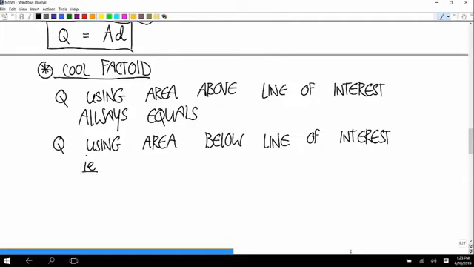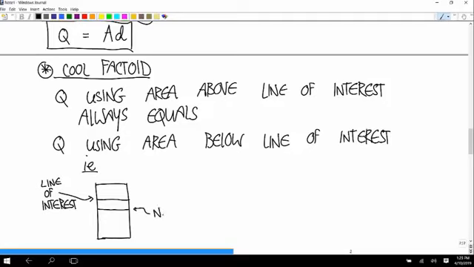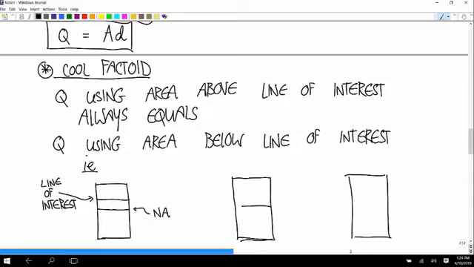So, in other words, if this is your cross section, and here's the neutral axis, and this is your line of interest, you can calculate this two different ways and you get the same thing. Here's the line of interest in both cases.